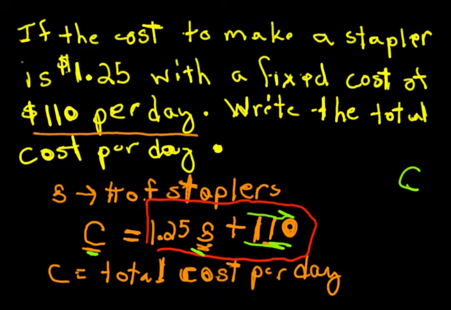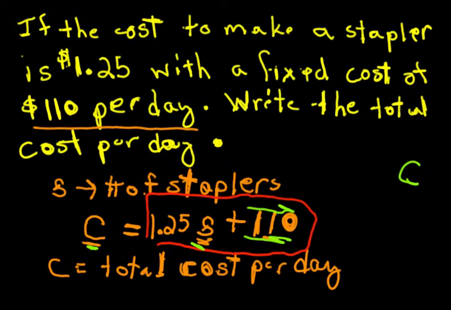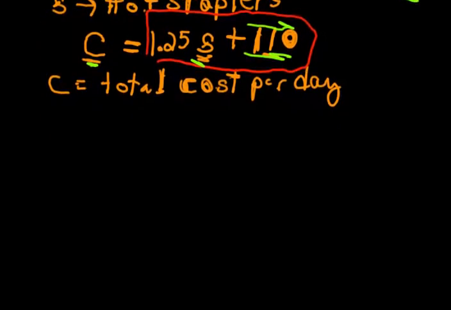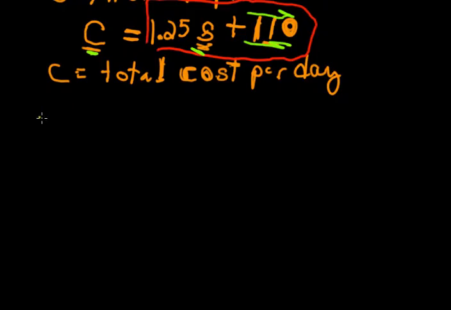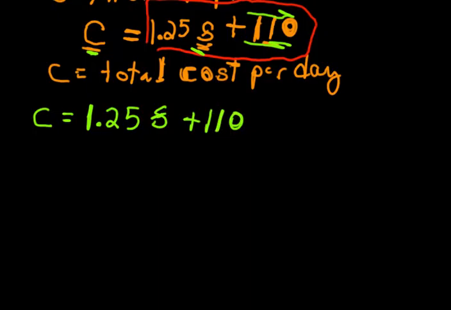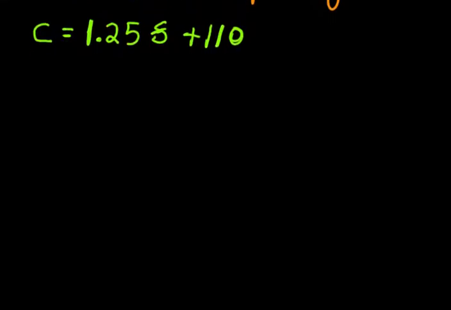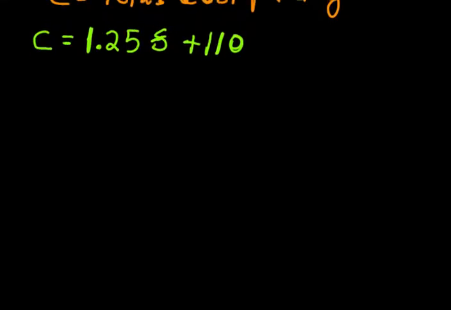So I'll move my equation up to the top of the screen here and rewrite it. C equals $1.25 per stapler, S, plus 110 per day. So we can say, what is the cost to make 500 staplers?